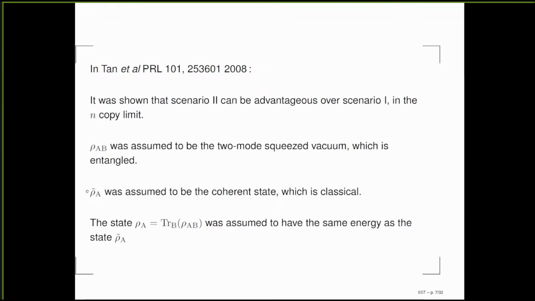And to make the comparison legitimate, they assumed that rho A, the partial trace of rho AB over the B side, has the same energy as the coherent state rho tilde A. In this manner, they compared the two-mode squeezed vacuum with the coherent state, that is scenario 1 with scenario 2, and they showed that scenario 2 can be advantageous with regard to scenario 1 in the n copy limit, n tending to maybe say 10 power 3, 10 power 4 copies of that order.